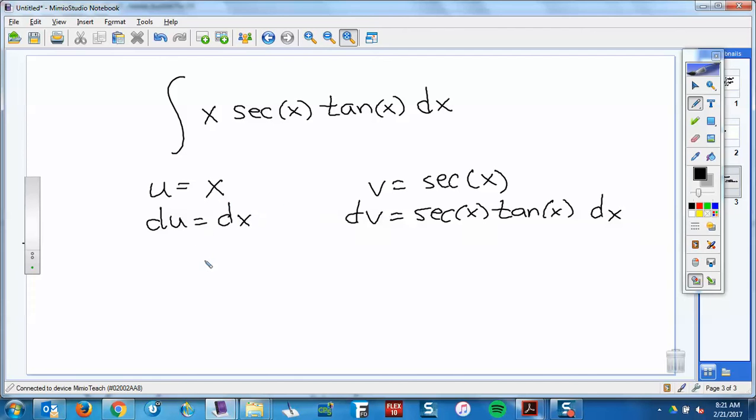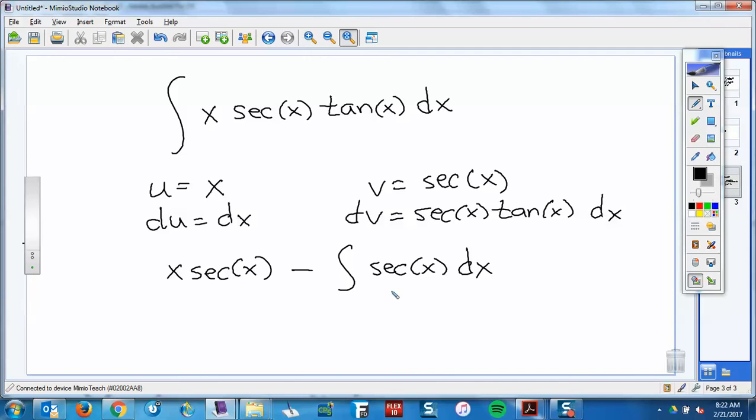So now we get u times v, so x secant x, minus the integral of v du, so it's secant x dx, like that. Okay, so there's the trouble right there, right? I turned it from cosine and u substitution, that doesn't really work though, because you don't have a sine.